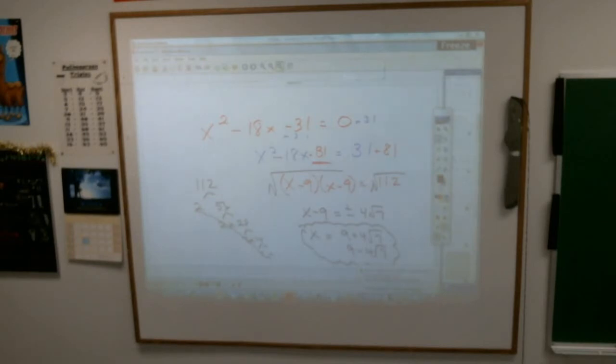Answer should be no. I'll draw another board on the field. 7, 114 centimeters squared.